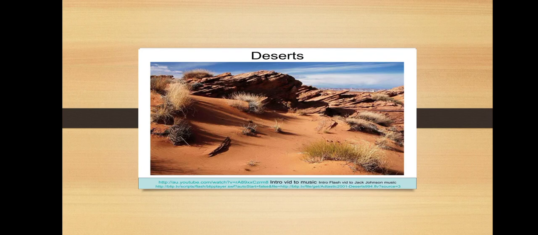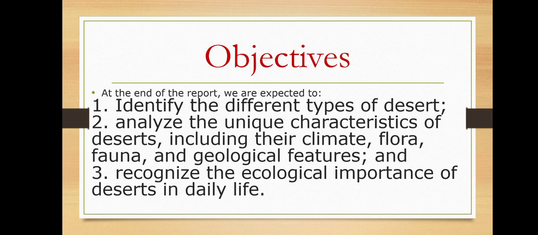Okay, so let us continue with another topic about deserts. Our objectives are as follows. Number one, identify the different types of deserts. Number two, analyze the unique characteristics of deserts, including their climate, flora, fauna, and geological features.